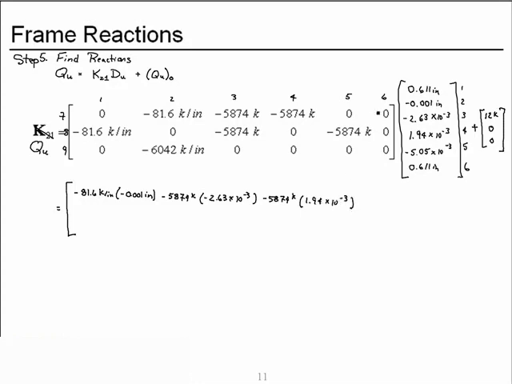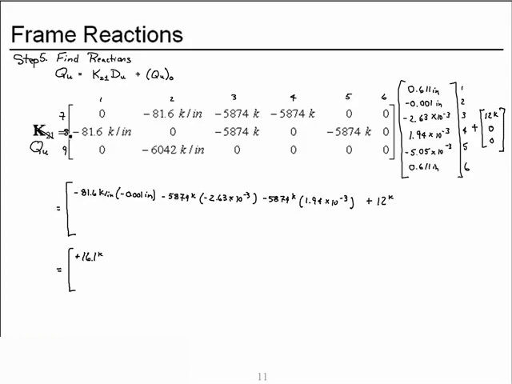Then our last two terms here are 0, so these don't contribute, but we do have a positive 12 kips. So when I multiply and add all of these up, I get a positive 16.1 kips.